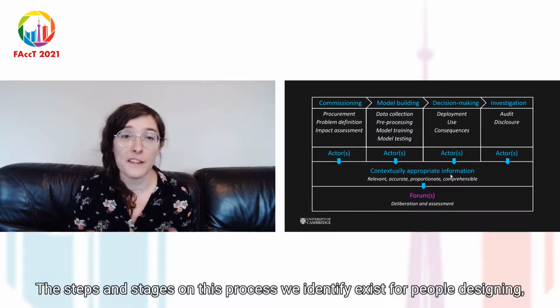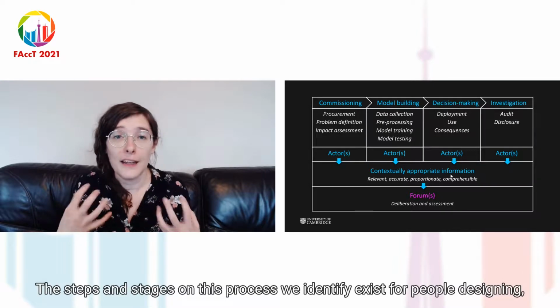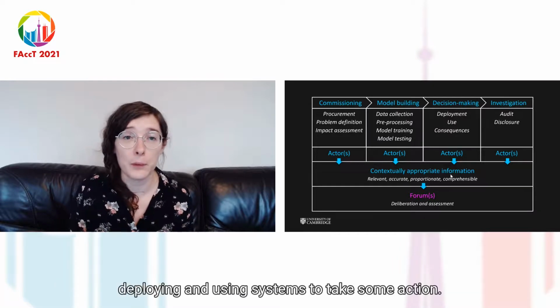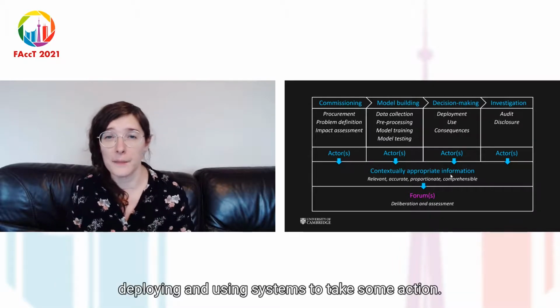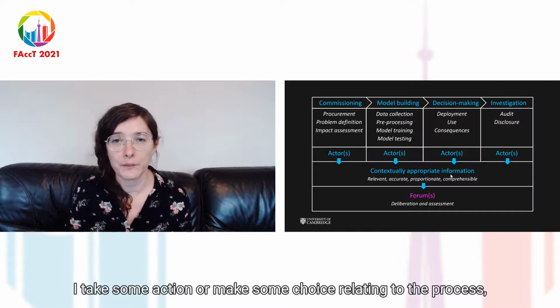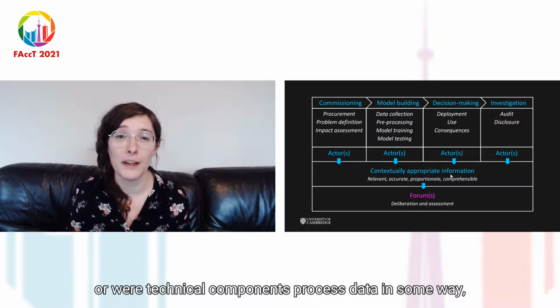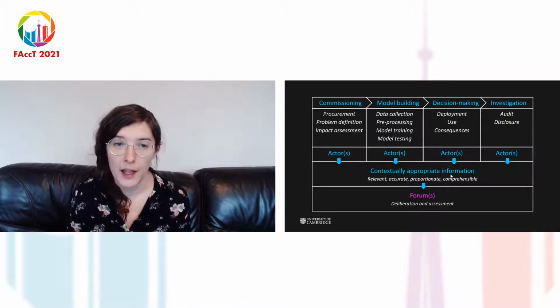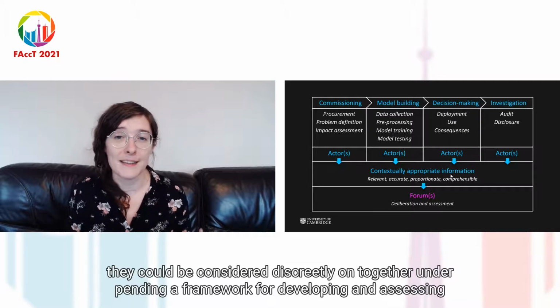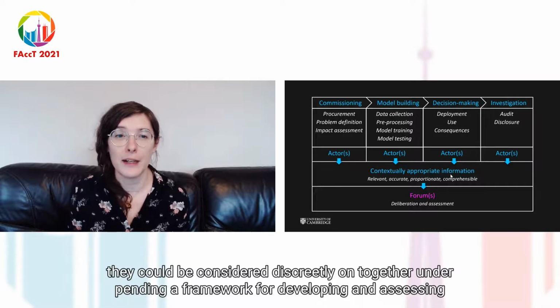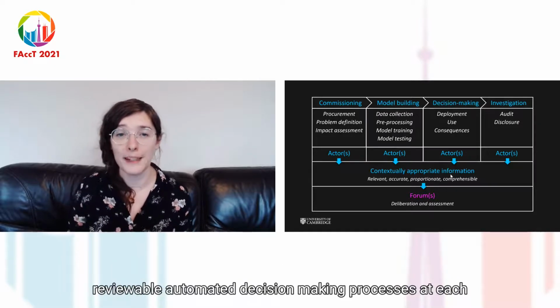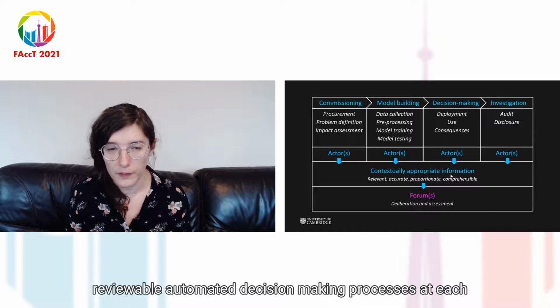The steps and stages in this process that we identify exist for people designing, developing, deploying, and using systems to take some action, or make some choice relating to the process, or where technical components process data in some way. They can be considered discretely and together, underpinning a framework for developing and assessing reviewable automated decision-making processes.